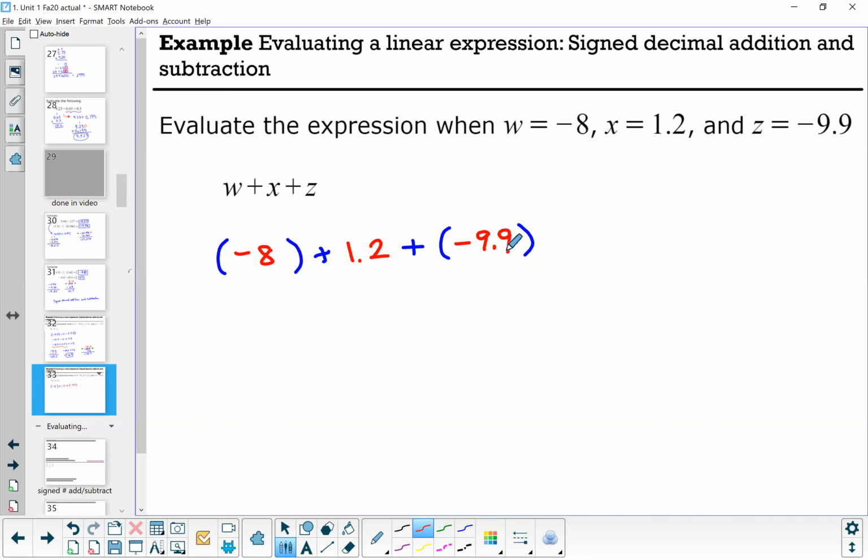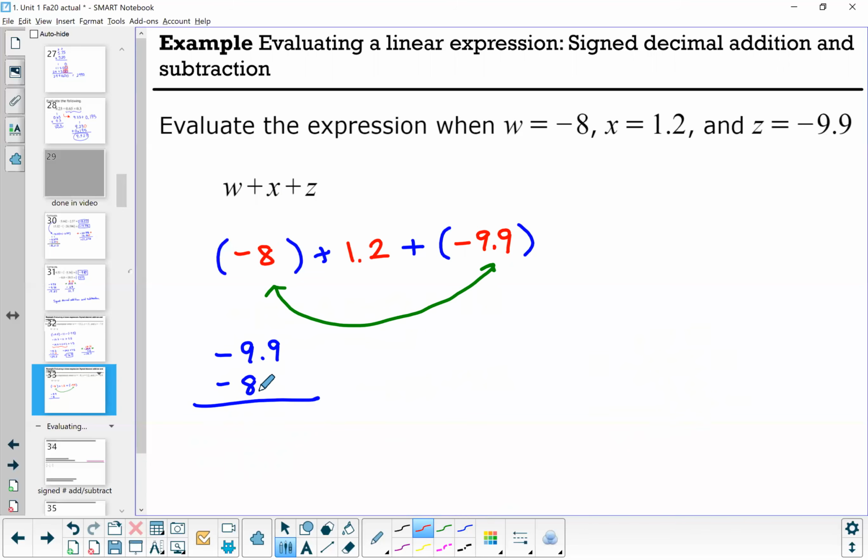Now this time I put the things that I substituted in red to give you a better visual. We see here we have negative 8 plus 1.2 plus negative 9.9. Again, I like to combine my negatives with my negatives and my positives with my positives first when we're adding. So here I'm going to add the negative 9.9 with the negative 8.